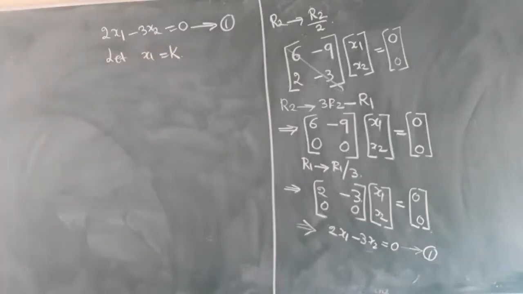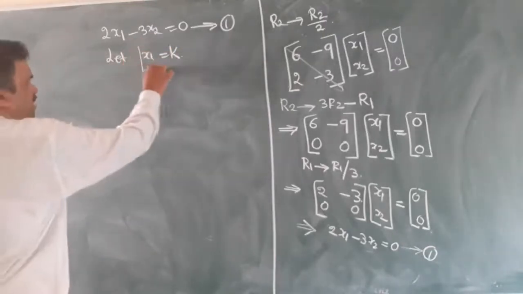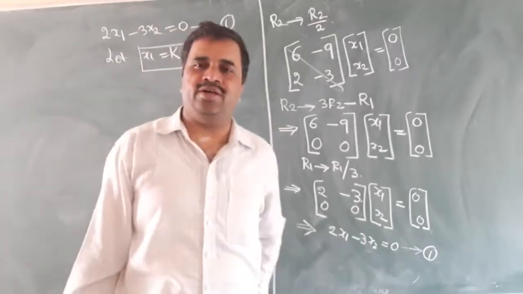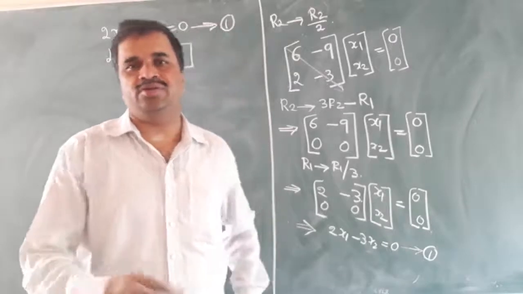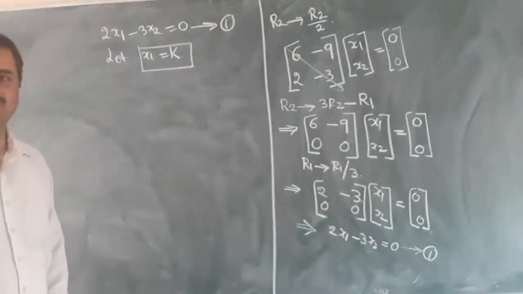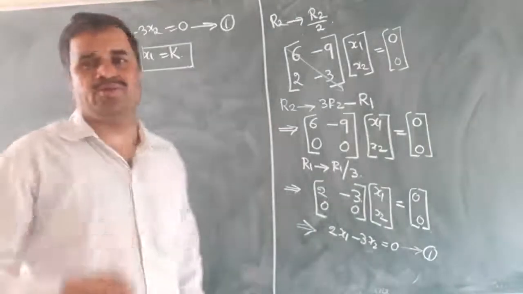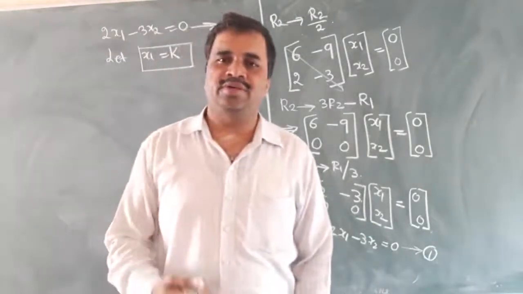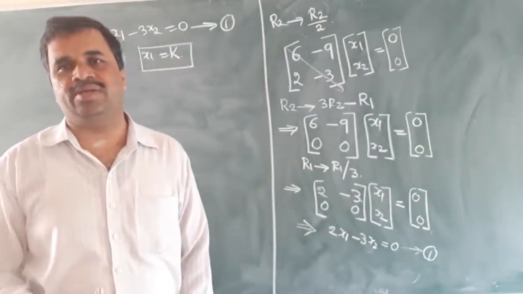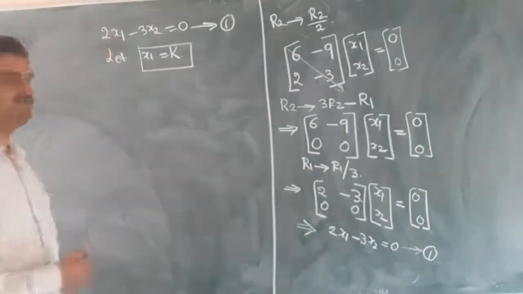You can assume either x1 or x2 equal to k according to your convenience. In the previous problem I considered x2 equal to k. Here I consider x1 equal to k.